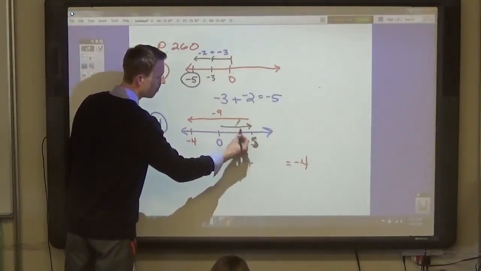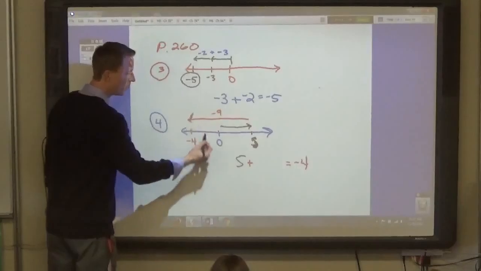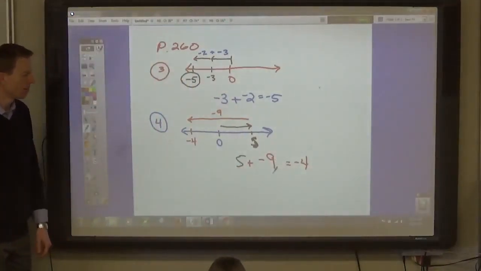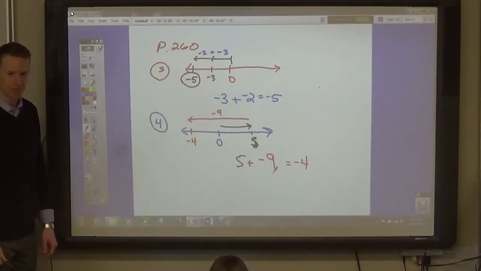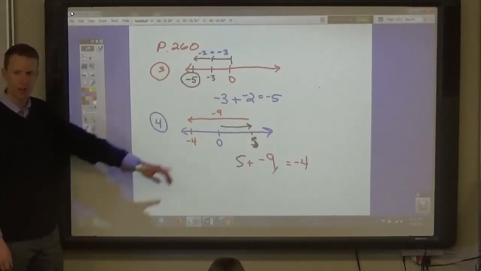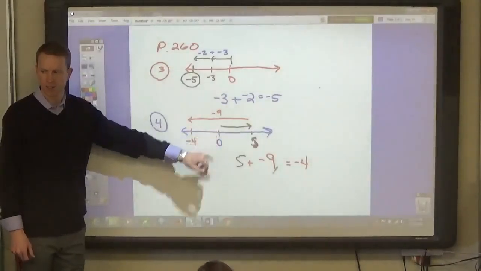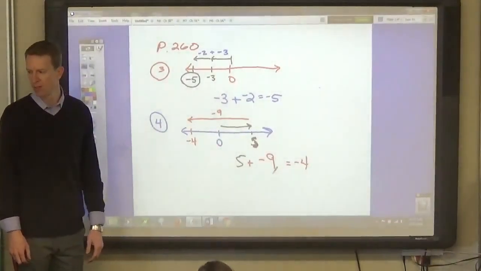So this is +5, and then a move to the left, -9. 5 plus -9. Okay? Do you see how you read this? You're going to have to read these on the test, like this. Okay?